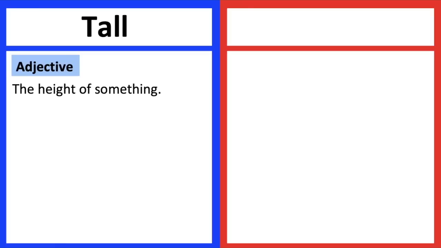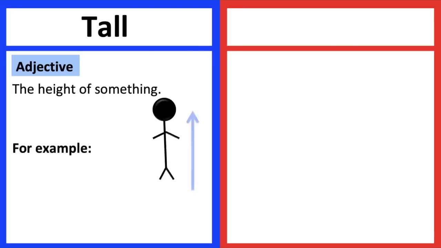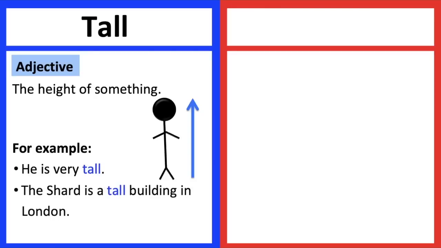So this can describe a person, an animal, or things like buildings, houses, etc. For example, he is very tall. The Shard is a tall building in London. Notice from these examples that tall describes the height of something that's usually touching the ground.